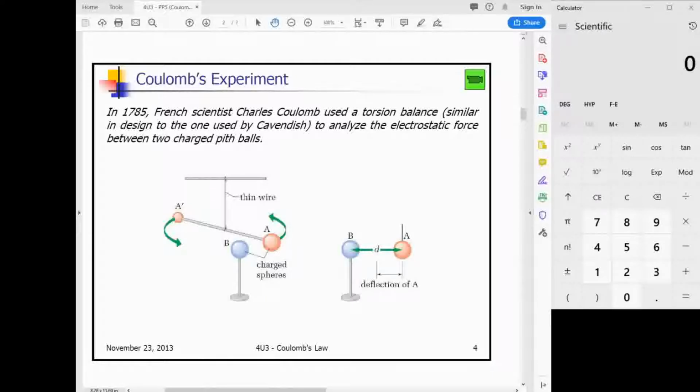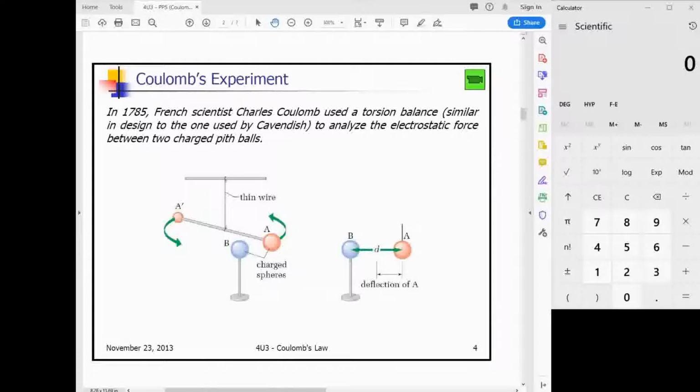In terms of how we determined this electric force and how we measured its universal constant, there was a scientist named Charles Coulomb, and he took Henry Cavendish's torsion balance experiment that was used to calculate the big G, the universal gravitational constant, and he basically did the same experiment, and he analyzed electrostatic forces.